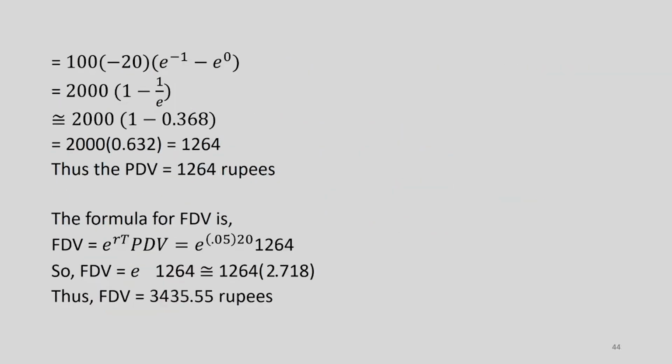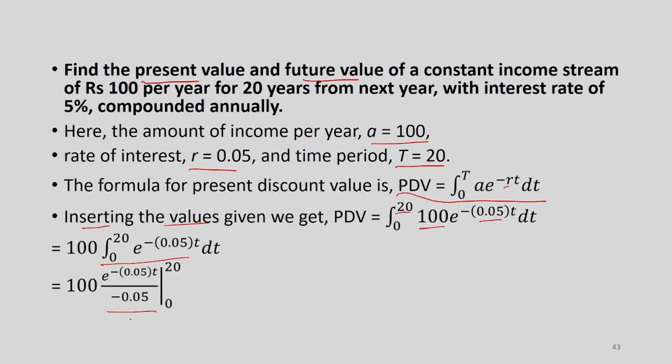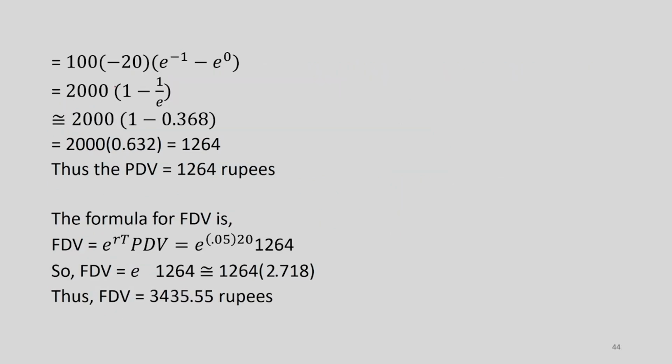and this simplifies to, here I have a minus 0.05. So, that will come out to be minus 20, and within the brackets these are the values if I take the limits and take the difference. Okay. So, I can just multiply this with the minus sign.